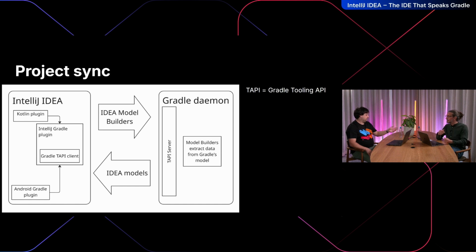Yeah, so it's not only specific for IDEA, right? No, there are other tools like continuous integration servers that use the Tooling API to invoke Gradle, or the GitHub dependency graph submission action that uses the Tooling API to gather metadata about the dependencies to submit the dependency graph. So it's not only limited to IDEs.